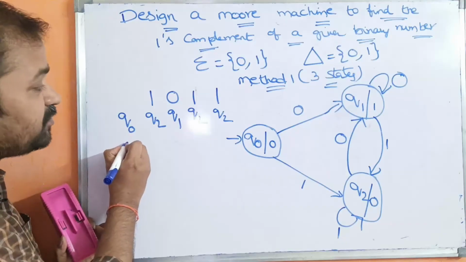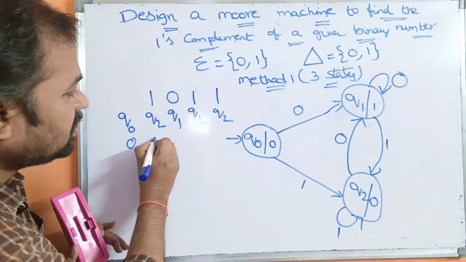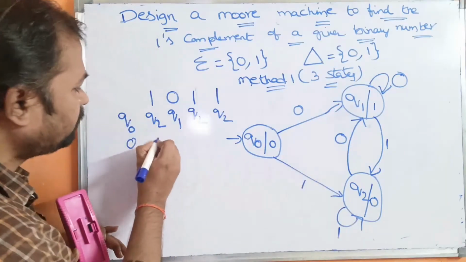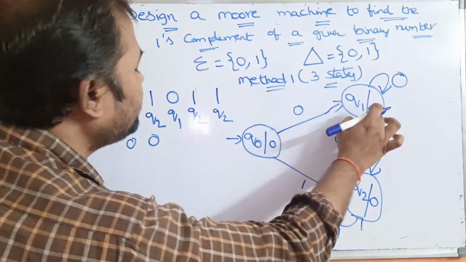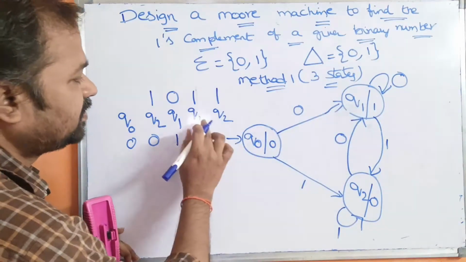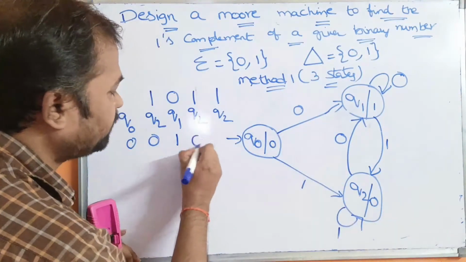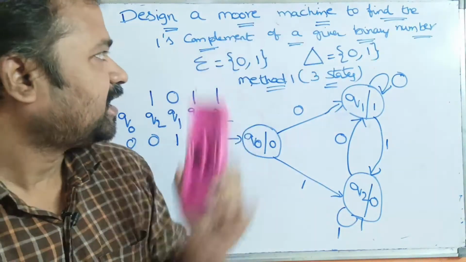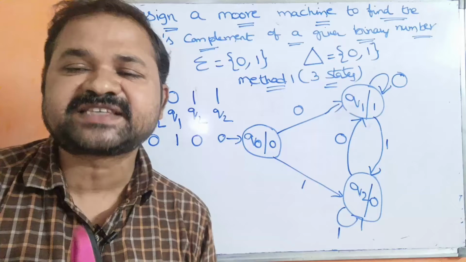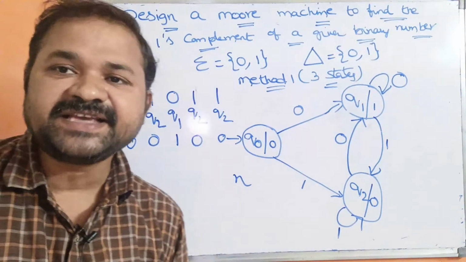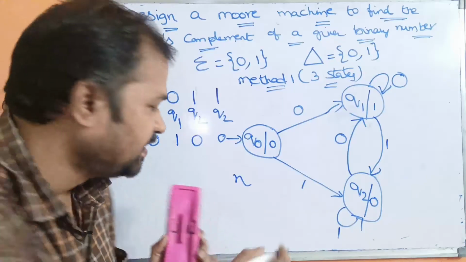What is the output of Q0? 0. Output of Q2? 0. Output of Q1? 1. Output of Q2 is 0. Output of Q2 is 0. We know that in a Moore machine, if the size of the input string is n, then the size of the output string will become n plus 1.